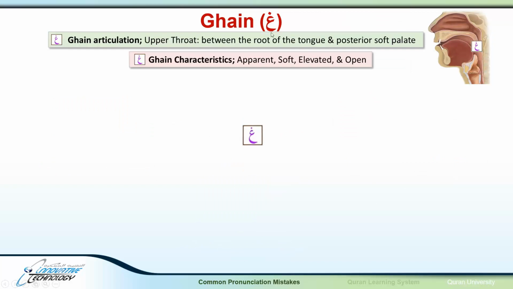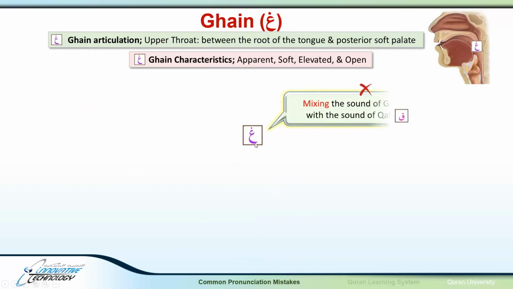Now we'll proceed to the common mistakes of the ghain. First common mistake is mixing the sound of the ghain with the sound of the qaf. Example, غير المغضوب. This is a ghain and we can pronounce it as a qaf. غير instead of غير. مغضوب instead of مغضوب.